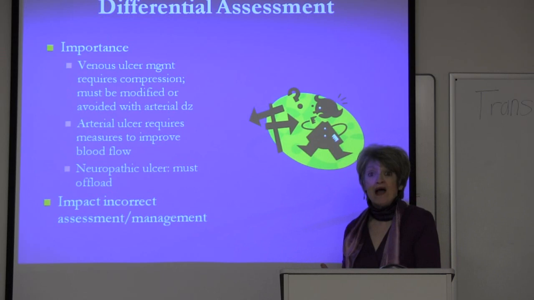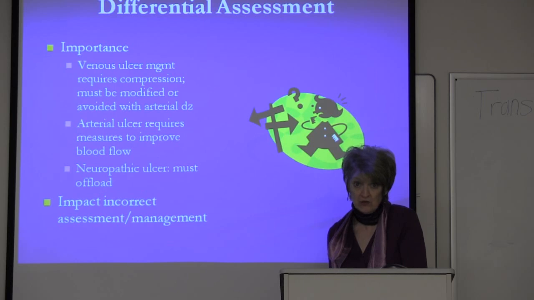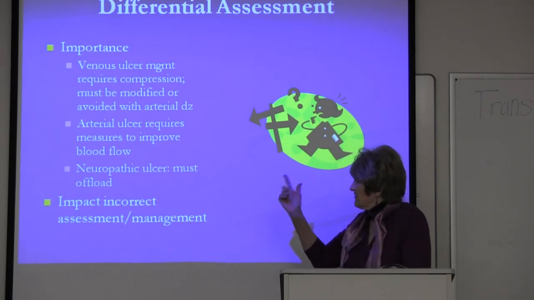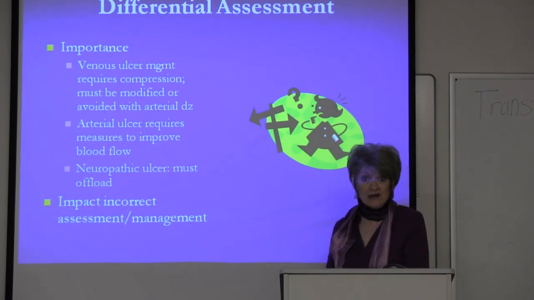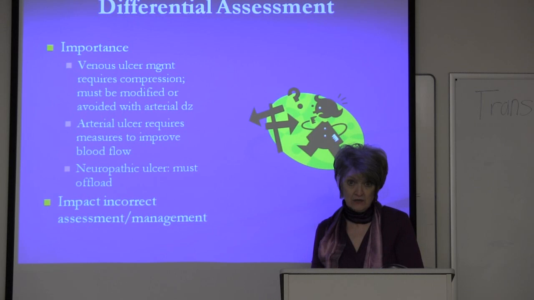Now, we've talked about why it's so important to get the diagnosis right, to know what type of wound you're dealing with. Obviously, if it's a venous ulcer, you're going to have to provide compression therapy in order to improve venous return and get that ulcer to heal.